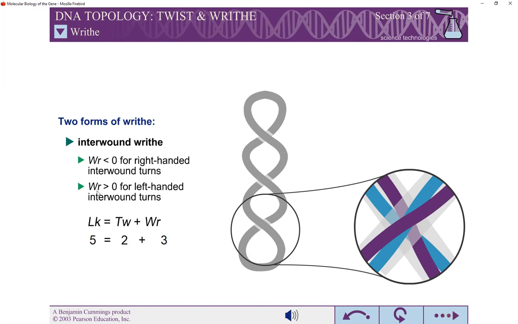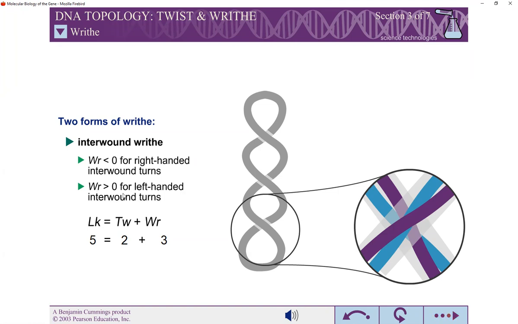For the right-handed DNA molecule, the writhe will come out in the left-handed direction. Why? You take a wire and try to rotate that wire. While rotating the wire, you will find that the coiling of the double-stranded wire over itself will always be in the left-handed direction.